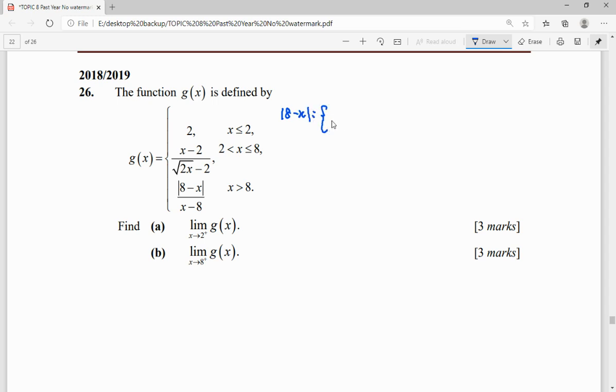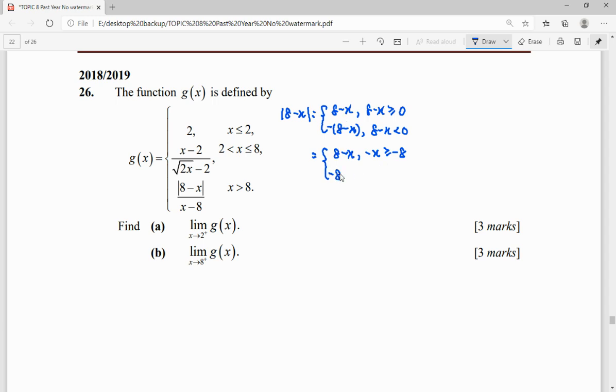So this modulus of 8 minus x can be in the positive part, where 8 minus x is greater than or equal to 0, or it will be negative, for 8 minus x less than 0. So we simplify our piecewise function here, move the 8 to the right hand side, and simplify the negative for this function.